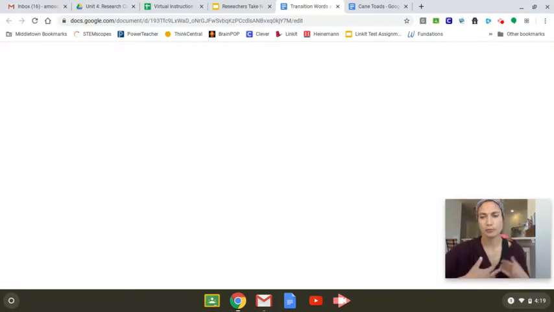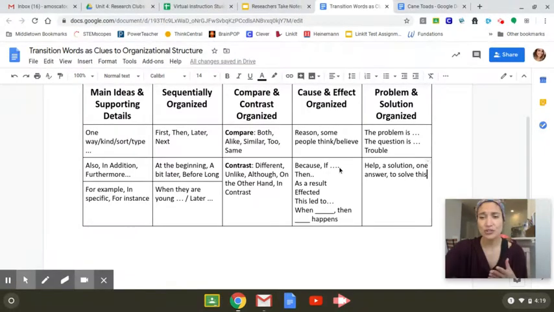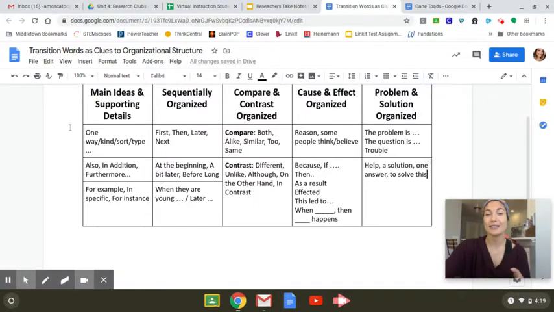Remember, a problem is what's wrong, what's the dilemma, what is the issue here, and the solution is how we fix that problem, what's going to make it better. So they mentioned in the video that just like all the other text structures we learned about, there are signal words that can help you identify the text structure.